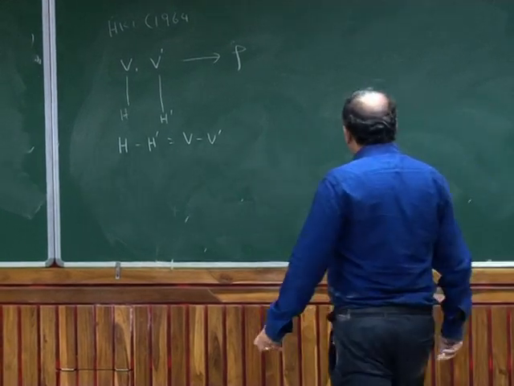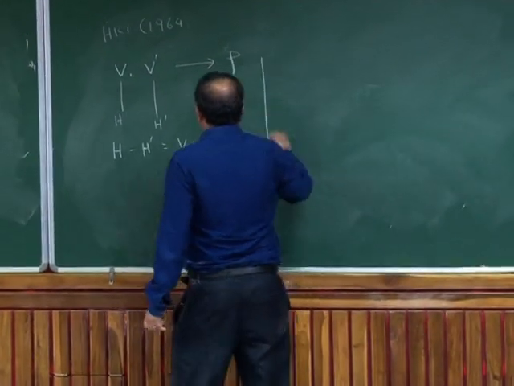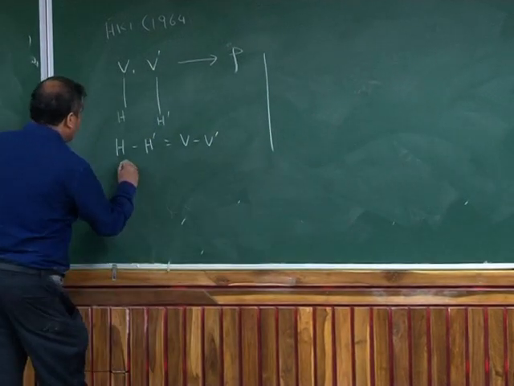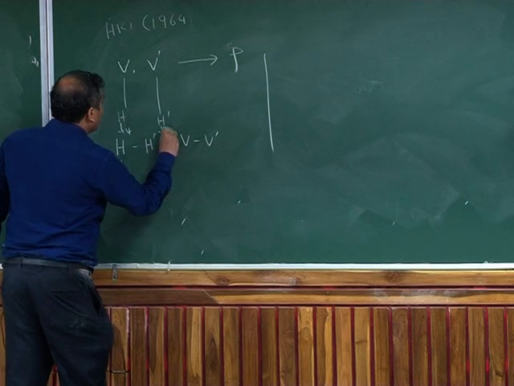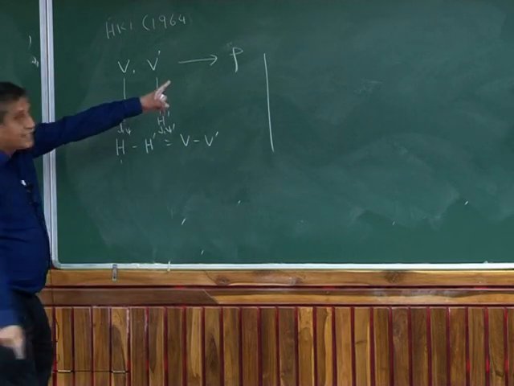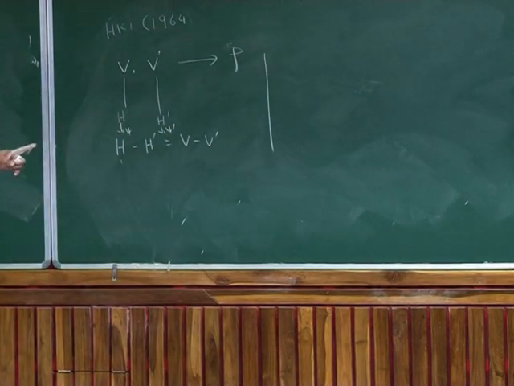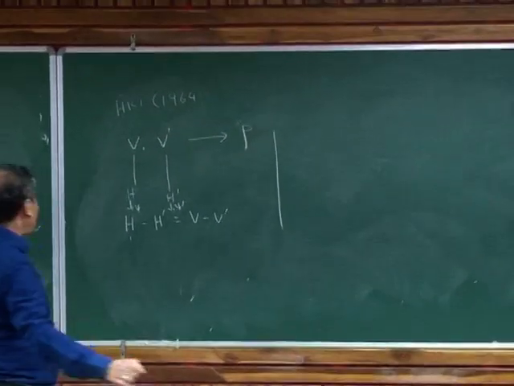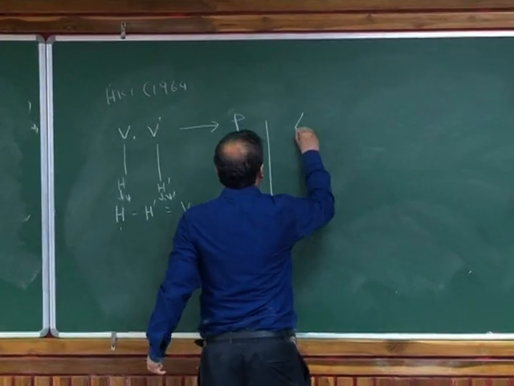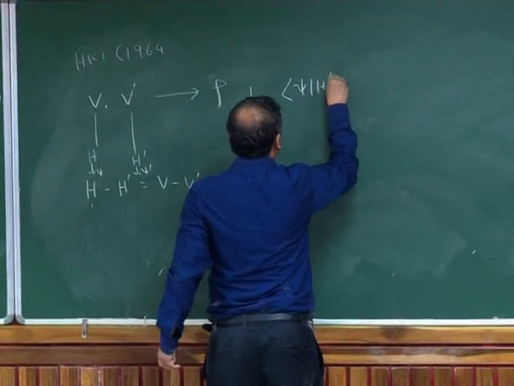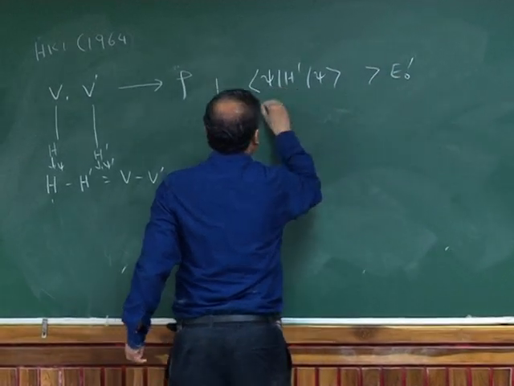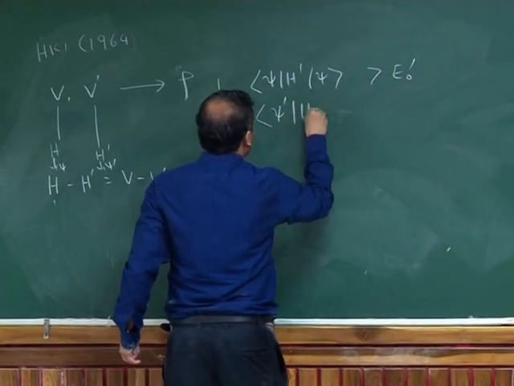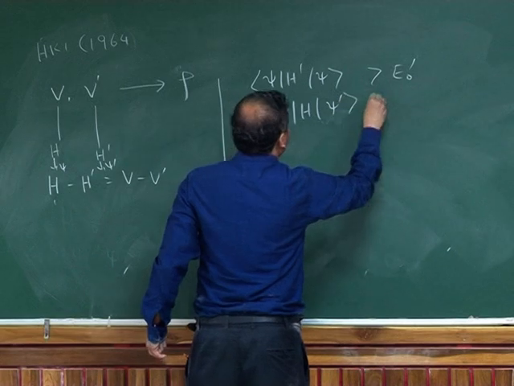So then I apply the variation method. For H, I have a psi. For H prime, I have a psi prime. But the densities are the same. That is what I assumed, and I will show that is not possible. So then if I calculate psi H prime psi, it is greater than E naught prime. If I calculate psi prime H psi prime, it is greater than E naught.